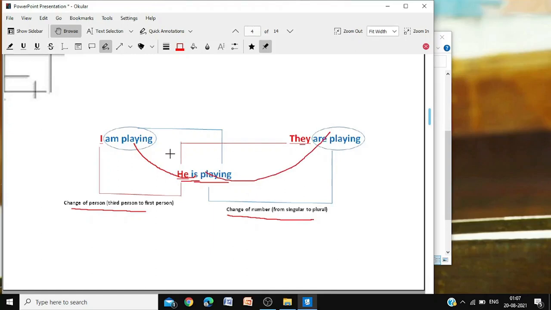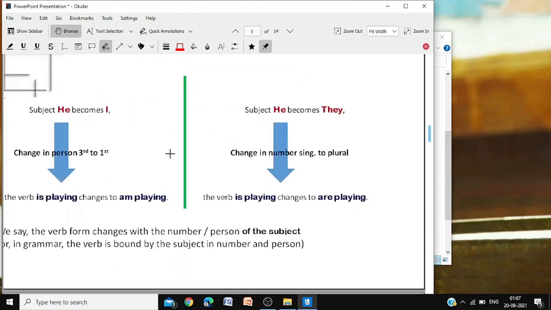So in both the cases, the verb changes according to number and person. So subject he becomes I, change person third to first, is playing becomes am playing. He becomes they, change in number singular to plural, and is playing becomes are playing.